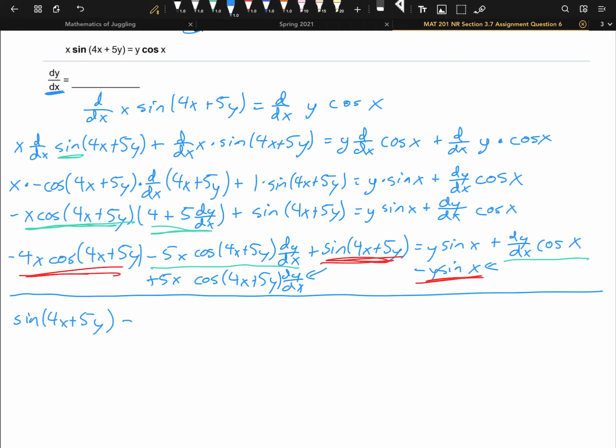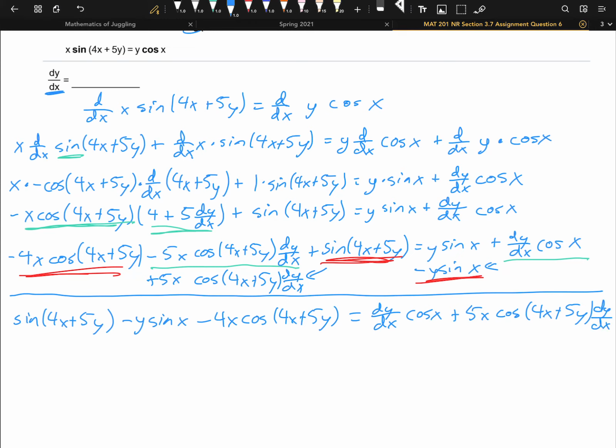So minus y sine x minus 4x cosine of 4x plus 5y. And then on the other side, I'm going to do the same thing. I'm going to add the two terms together that I've got. So I've got dy/dx cosine of x plus 5x cosine of 4x plus 5y dy/dx.